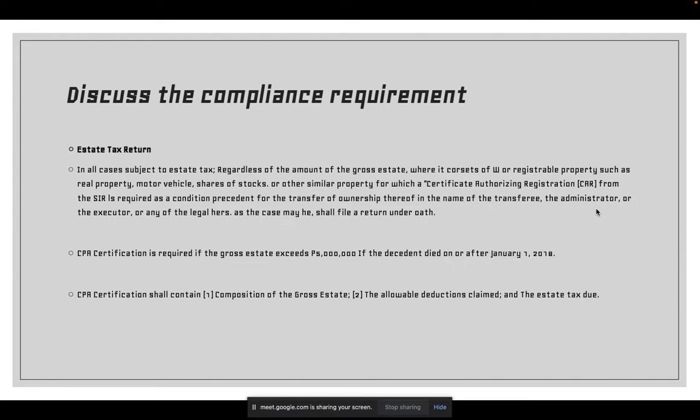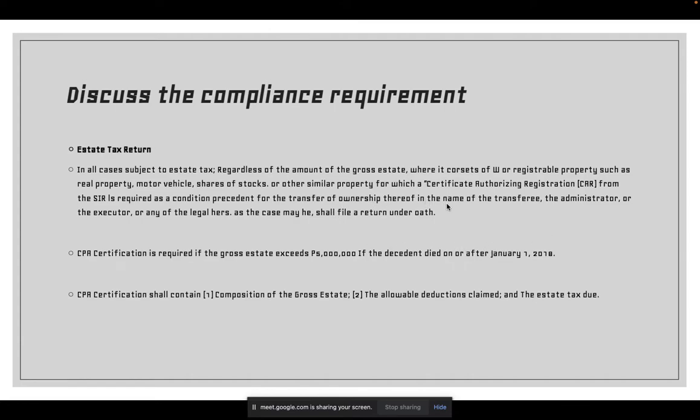Or registrable property such as real property, motor vehicle, shares of stocks, or other similar property for which a certificate authorizing registration from the BIR, okay, is required as a condition precedent for the transfer of ownership thereof in the name of the transferee. Ibig sabihin, wala pong matatransfer na property kung hindi po natin bayad yung tax at hindi na-release yung certificate authorizing registration, hindi po matatransfer dun sa next owner.